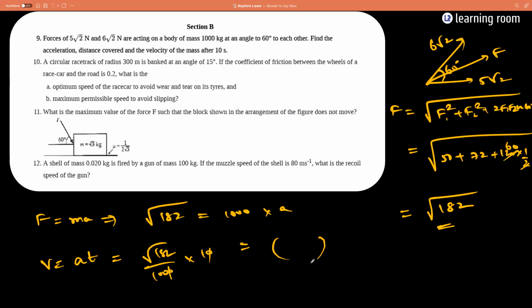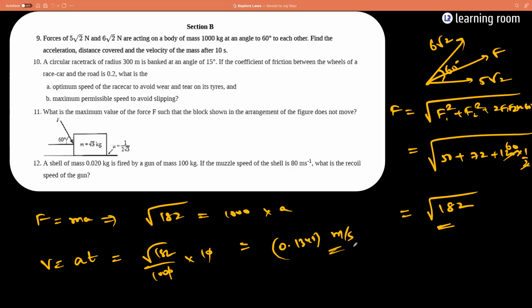So root 182 is 13.49, so 13.49 by 100 is how much? 0.1349 meters per second.